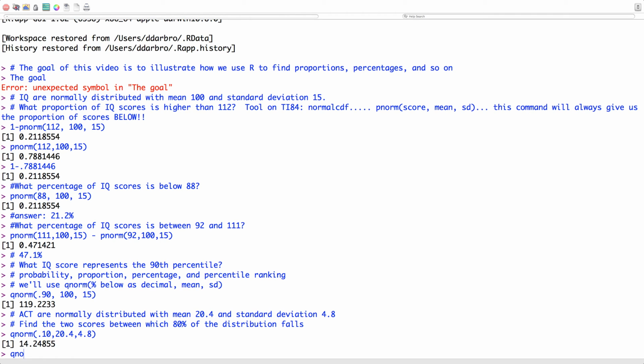Now I'm going to do the same thing to find the value to the right, and it is so tempting, and I see this all the time, for students to do this. You might wonder, Dr. Darber, why are you doing this wrong? Well, I want to point out something. The 0.8 doesn't give us all of the area because that only gives us the center part.